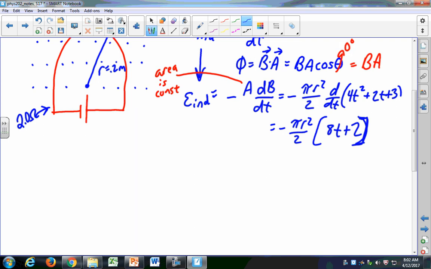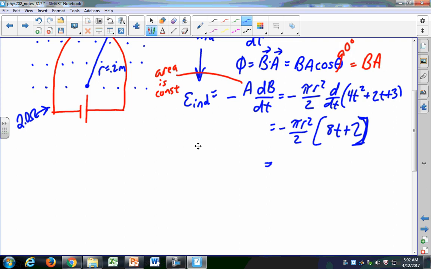Remember with our derivatives, we just take the exponent times the coefficient, and then reduce the exponent by 1. So 2 times 4 times t to the 2 minus 1, and 1 times 2 times t to the 0th power, which is just 1.